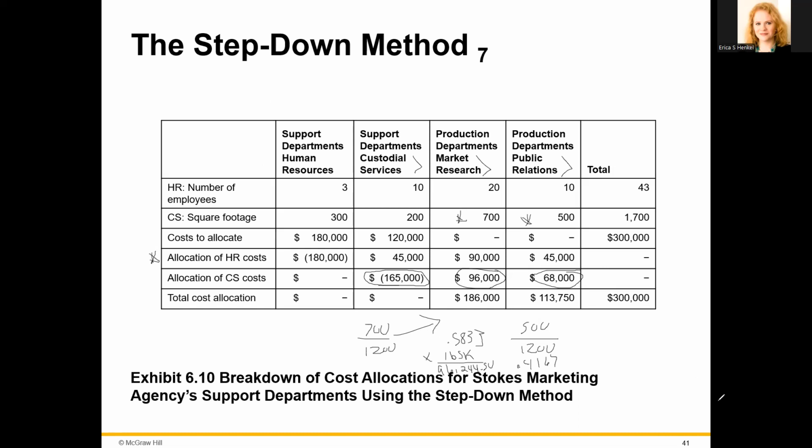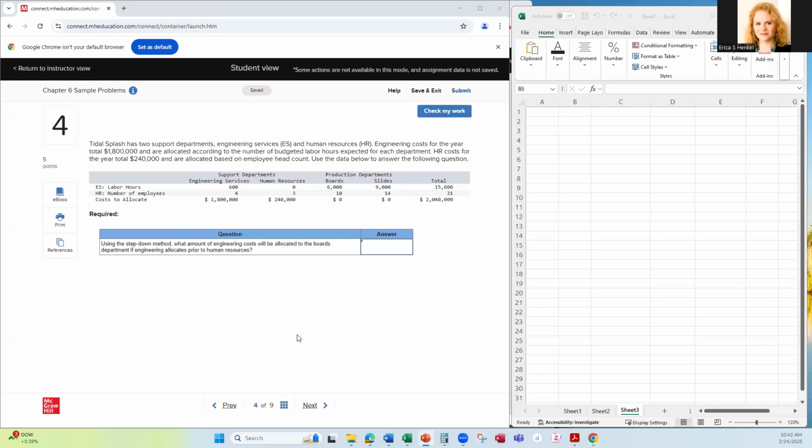So let's walk through. I have actually two problems on this topic. Let me just delete all these because otherwise they're going to stick in here. All right, so for problem number 4, we have Title Splash Company with 2 support departments, engineering and human resources. And engineering costs are 1.8 million, allocated on number of budgeted labor hours expected for each department.